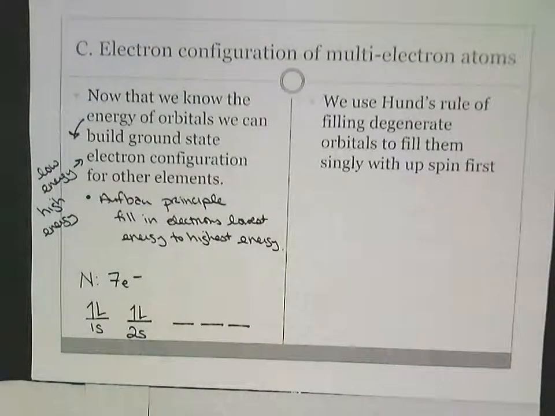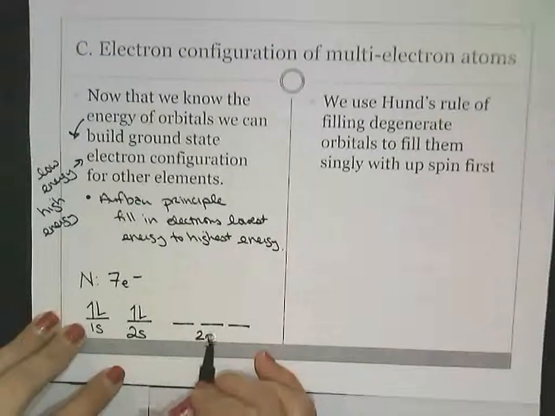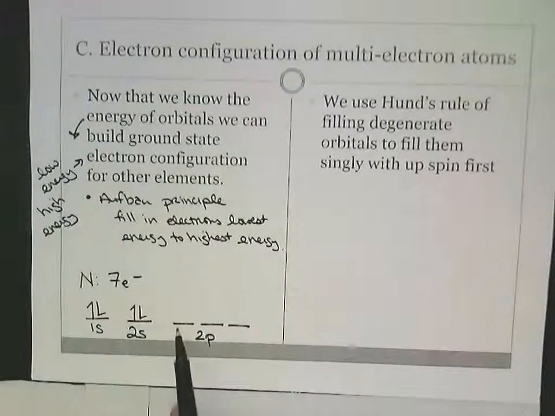Right, because the platform tells me the m sub L. In this case, 2p could have m sub L of -1, 0, +1. So you're telling the reader, there's 3 options.